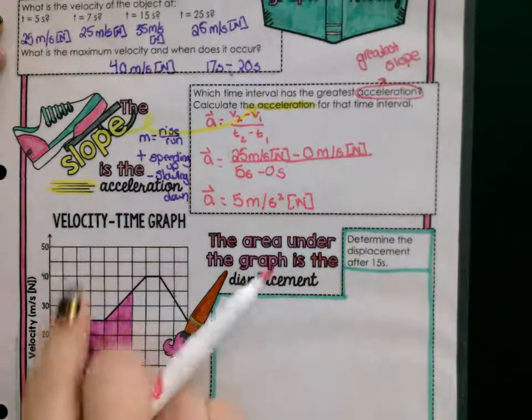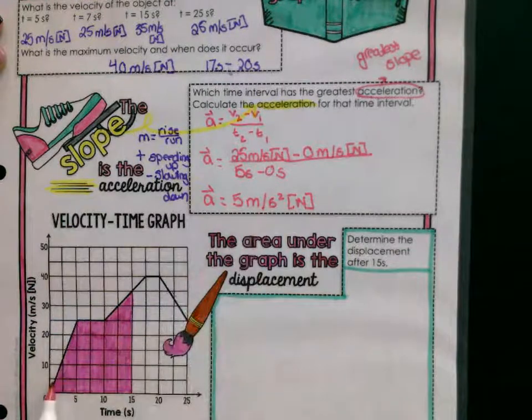If we had gotten a negative, that wouldn't be right. And if we had gotten south, that wouldn't be right because we can follow this slope down here. If we wanted to count it out, we could count out the slope like you used to do in beginning algebra class. So it should be approximately 5 meters per second squared north. So our rise over our run should be about 5. That looks about right.